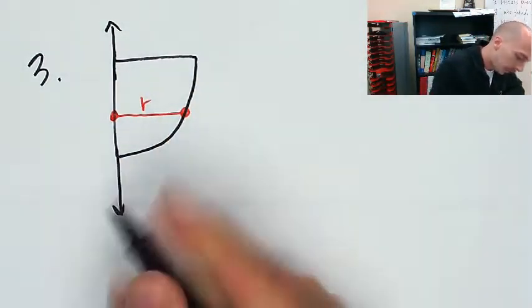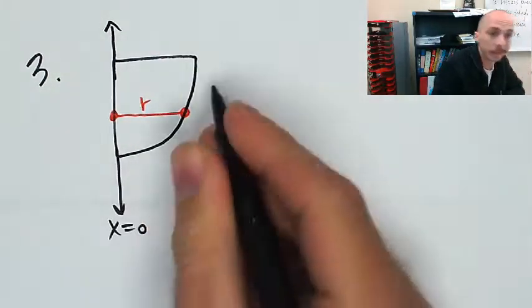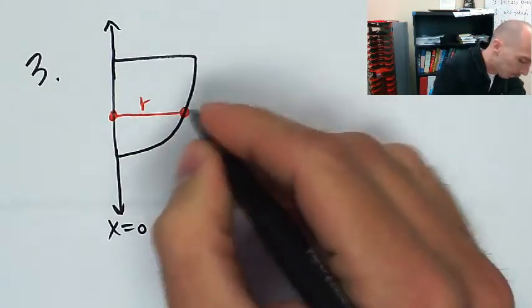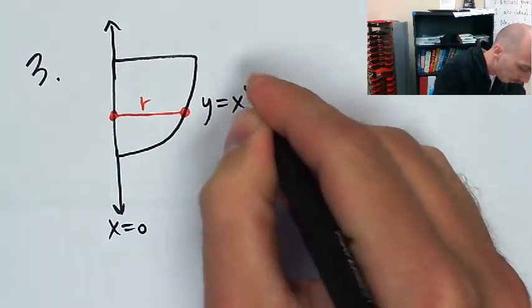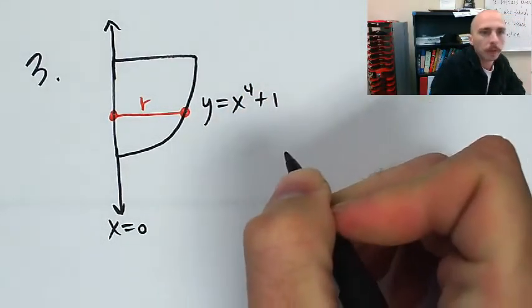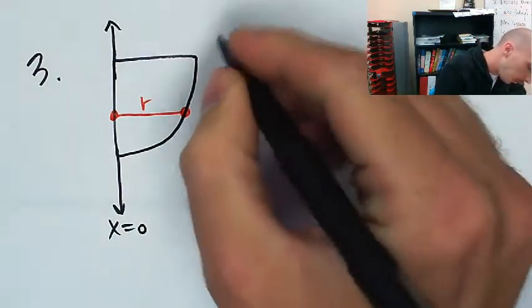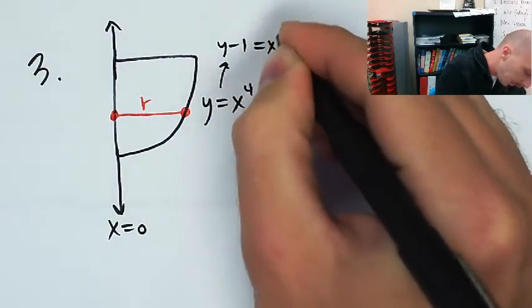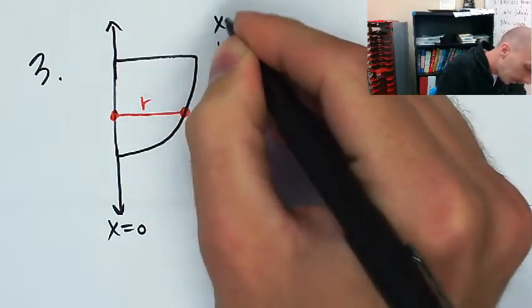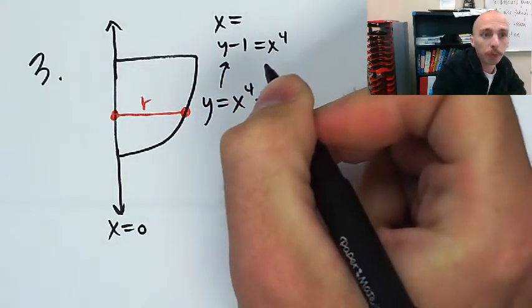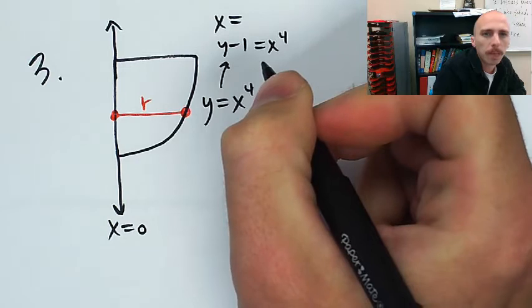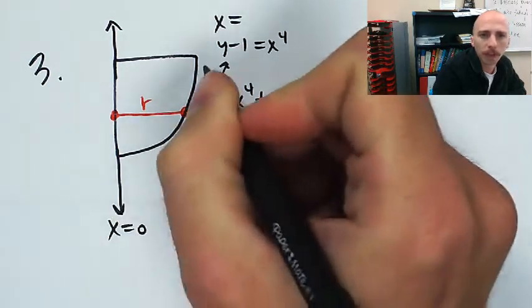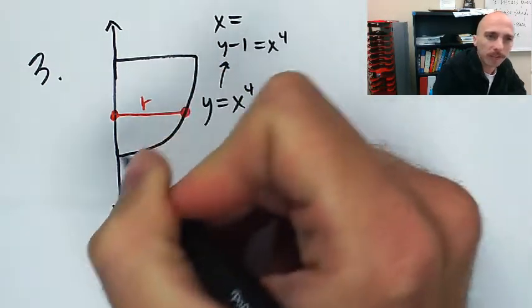Okay, this is the line x equals 0, so I'm going to need this as x equals something else, but right now it's written as y equals x to the 4 plus 1. So I'm thinking I'm going to need to go over here and say, well, y minus 1 equals x to the 4. X is going to equal plus or minus the fourth root of y minus 1. But it's plus, right, because x is positive out here.